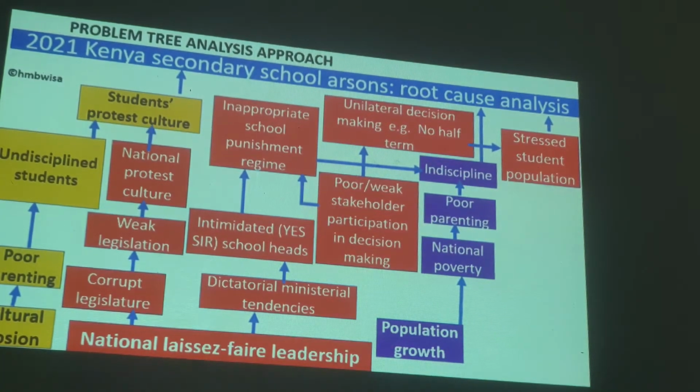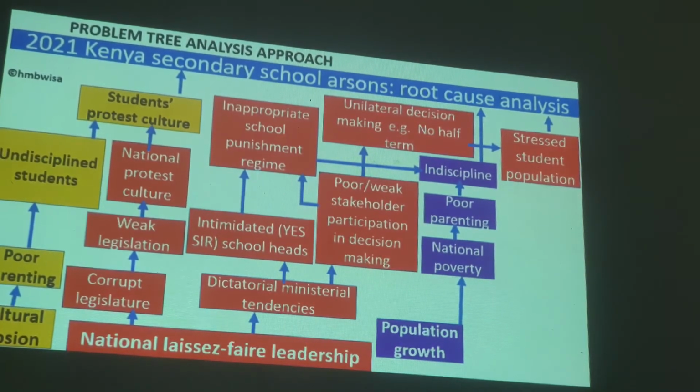Poor or weak stakeholder participation can also lead to inappropriate punishment, because when decisions about punishments are taken unilaterally, then it probably leads to inappropriate punishment. Again, all that arises from the tendencies in the ministry which avoids or takes ineffective participation by stakeholders.